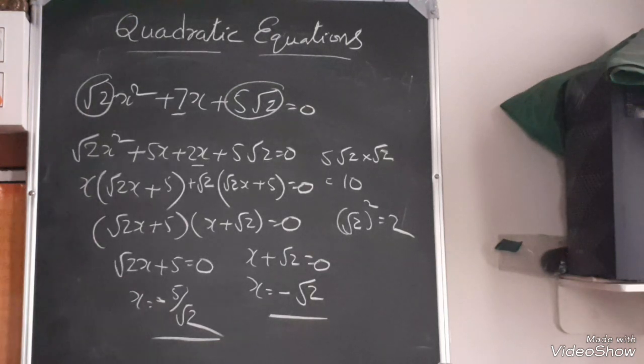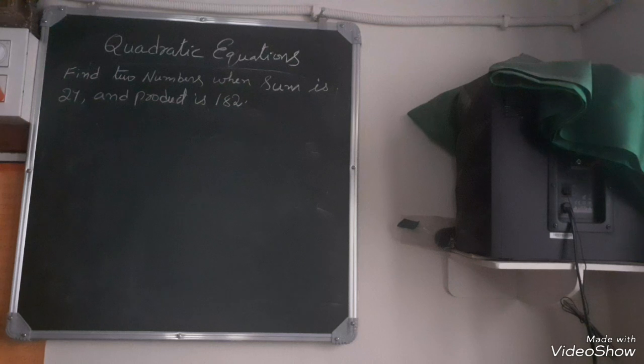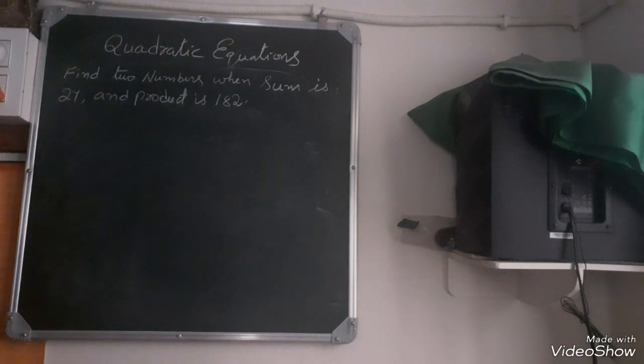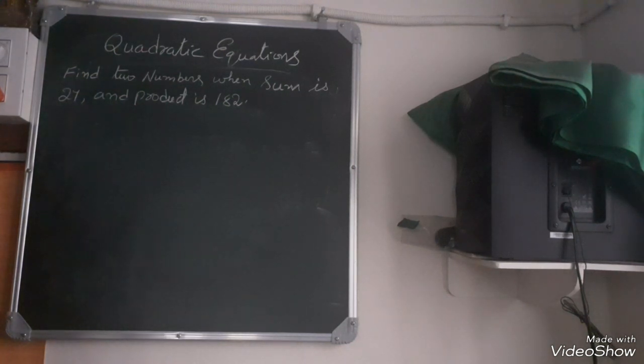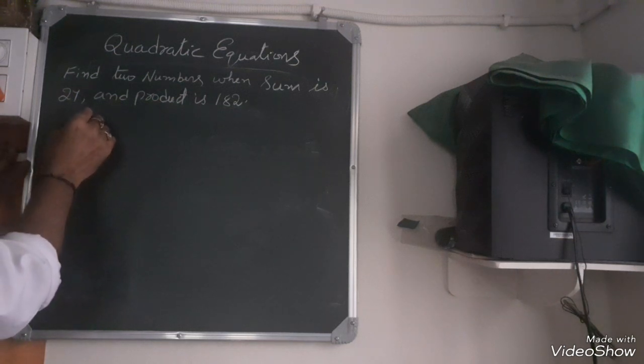Is it clear? Now let us see textbook sum 1. Find two numbers whose sum is 27 and product is 182. With the help of quadratic equations we can find the two numbers.